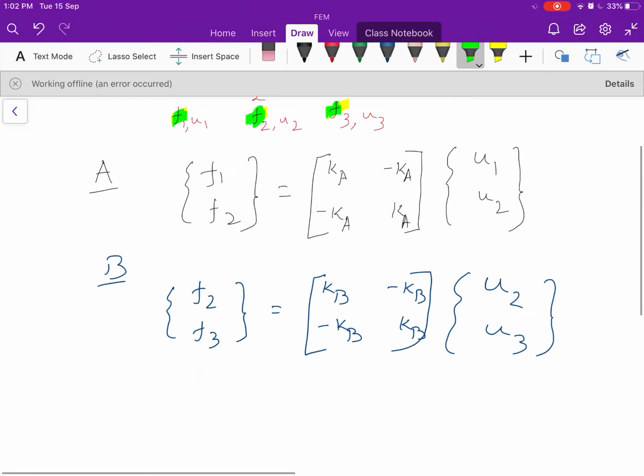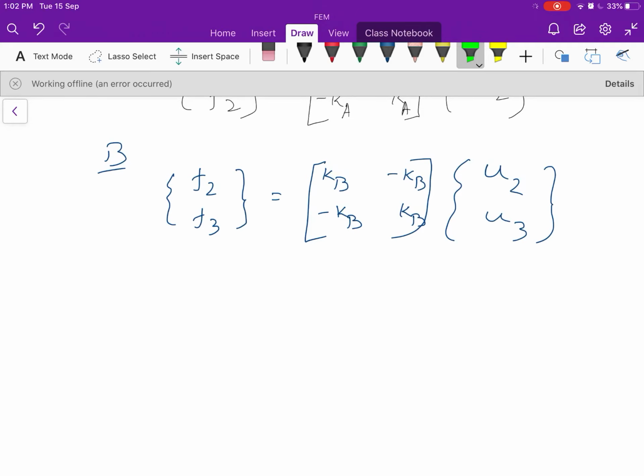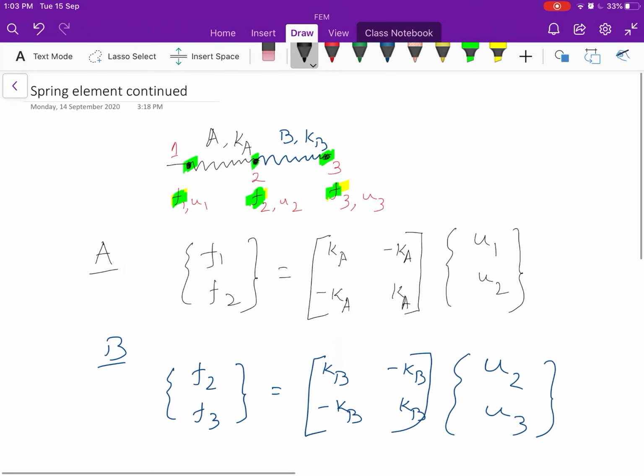Hence, we need to take into consideration the effect of all these forces and look at the big picture here and come out of the elementary level and look at the global level. In the global level, we shall have that instead of f1 and f2 and f3, the total force which is acting at this node 1 would be, let's say, capital F1.